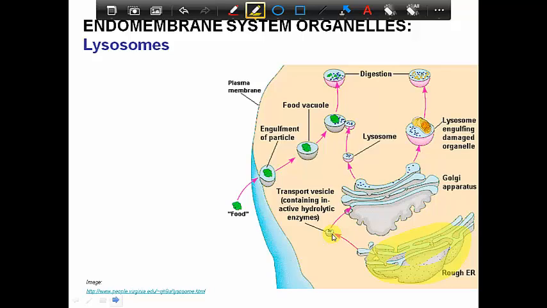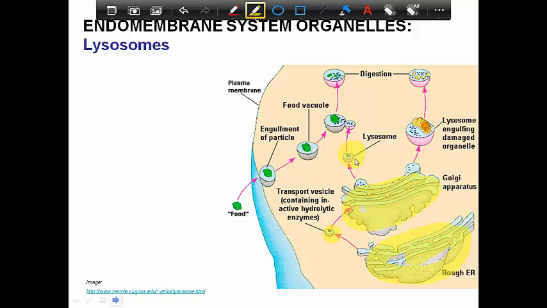These proteins happen to be an enzyme. That vesicle travels to the Golgi apparatus, where the Golgi apparatus labels it and sorts it and says this is a lysosome. So the lysosome right here, which contains all those enzymes, now has a label on it, and so the cell knows what to do with it.